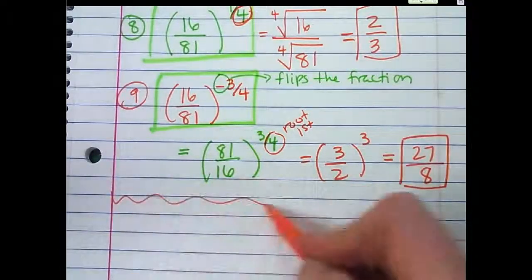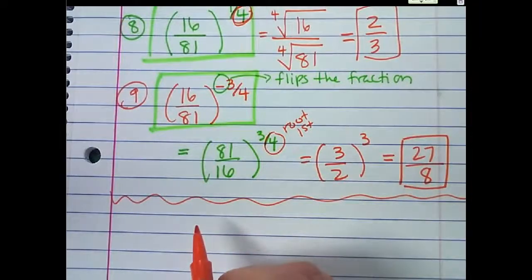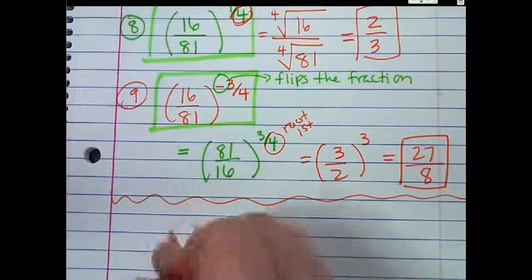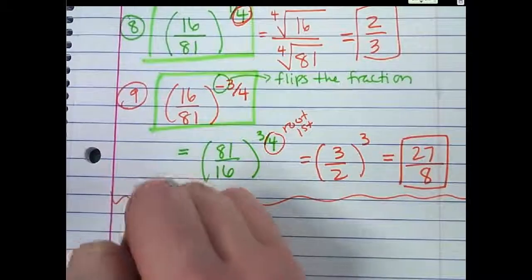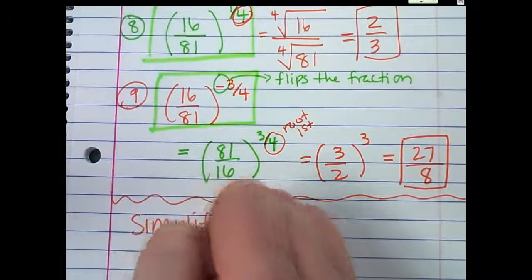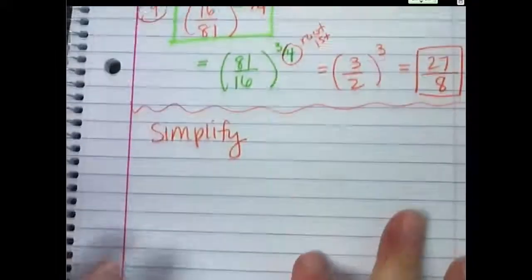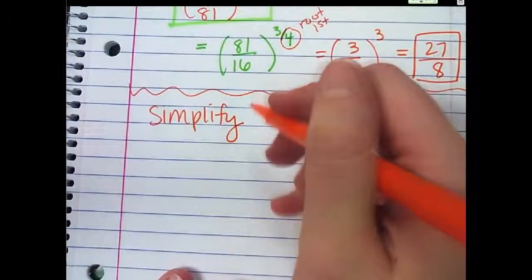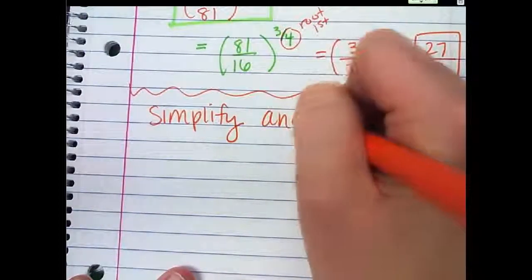Okay. So on the next part, we're going to add in variables. So we're going to be combining things with our exponents. And since there's fractions, of course, you'll have to do common denominators and all that fun stuff.